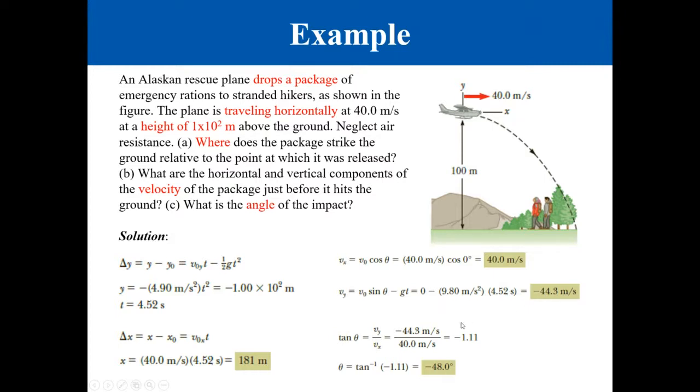So now tan theta is Vy divided by Vx, tan theta is minus 1.11, and theta is arctan of minus 1.11, which is minus 48 degrees. Okay? Nice example.